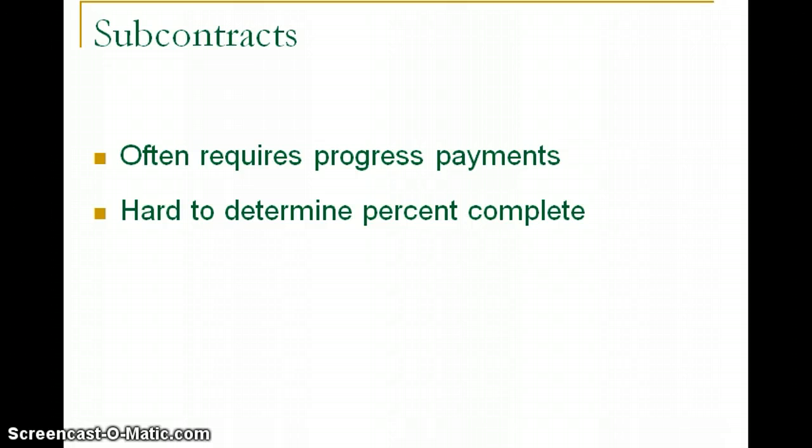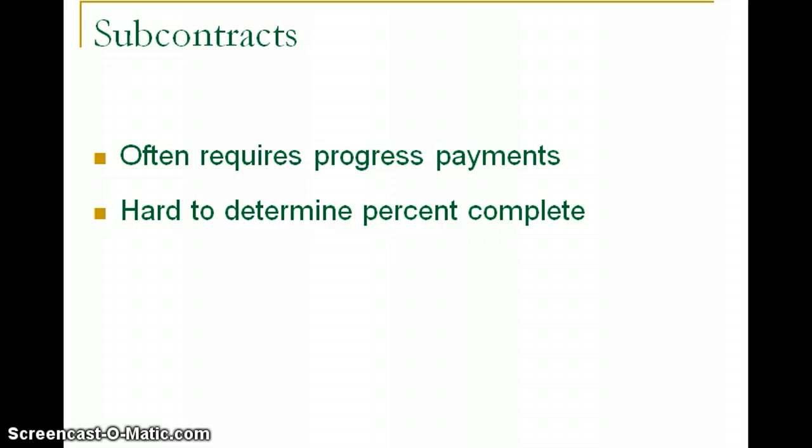Once the general contractor gets paid by the owner, then the general contractor would process payments towards each of their subcontractors. The work is often measured in terms of a percentage of completion. The work is measured on how much material, how much labor, and equipment has been put in place at the particular project, and that's measured in terms of a percentage.